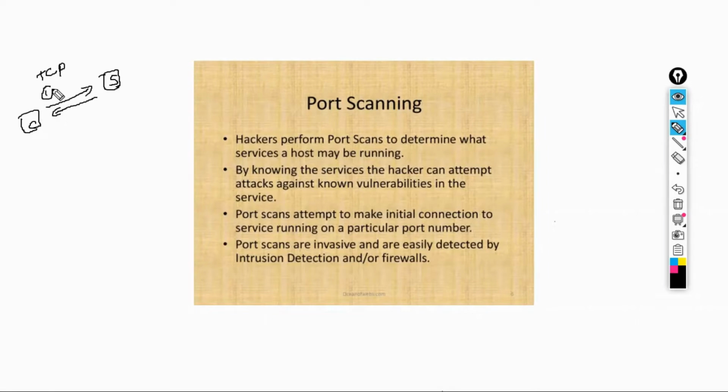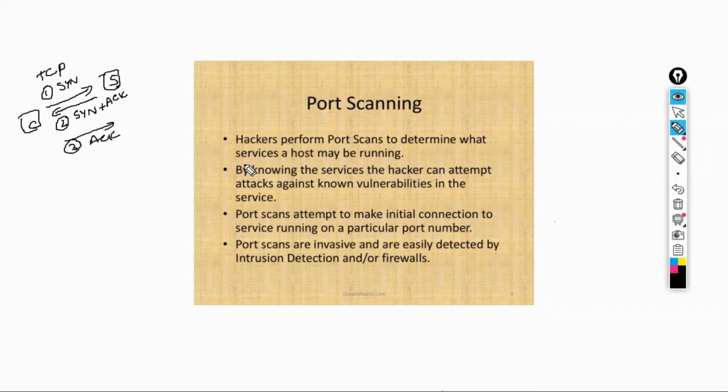In the first step, the client sends a SYN message to the server. In the second step, the server sends a SYN plus an acknowledgement of the original SYN. In the third step, the client sends a final acknowledgement to establish the connection. Once the connection is established, it decides the port number on which this connection will be talking.